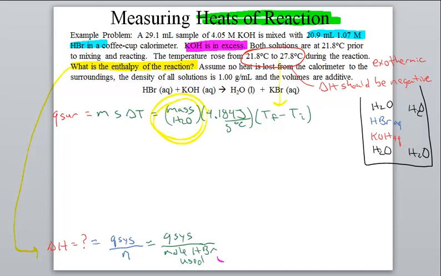But what about the mass of H2O? How much surrounding water? What's the mass of that? Well, what do we know from the problem? We know the volume of solution that was added from each one. And if we add those two up, we get 50 milliliters of solution once all the KOH solution and the HBr solution is added.